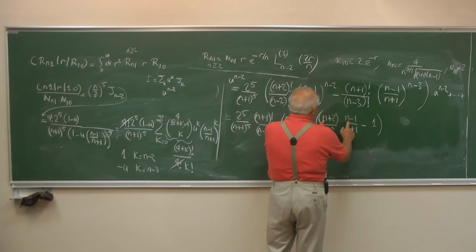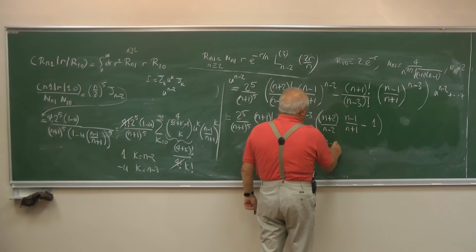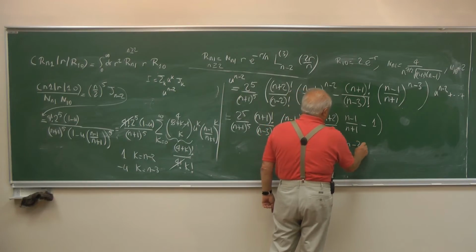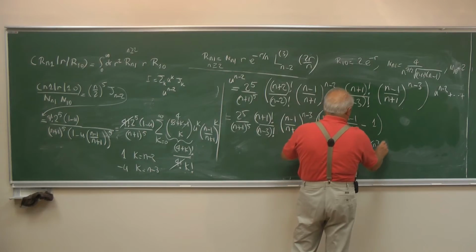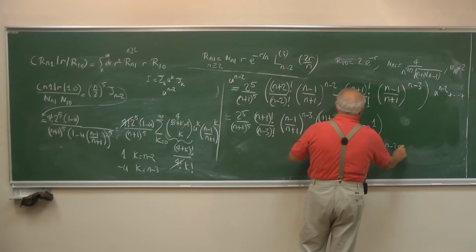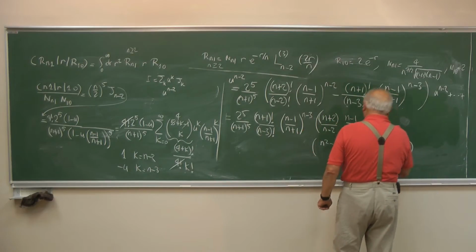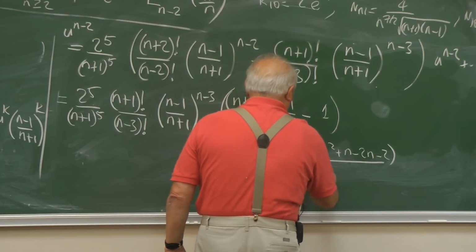So what's this? This is n squared minus n plus 2n minus 2, minus this one, n squared plus n minus 2n minus 2, divided by n minus 2 times n plus 1.